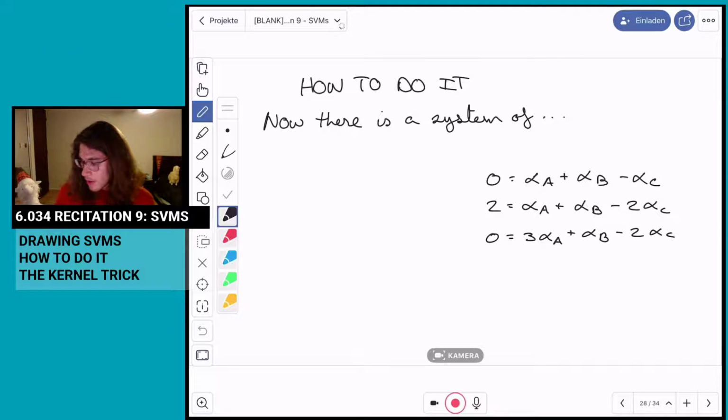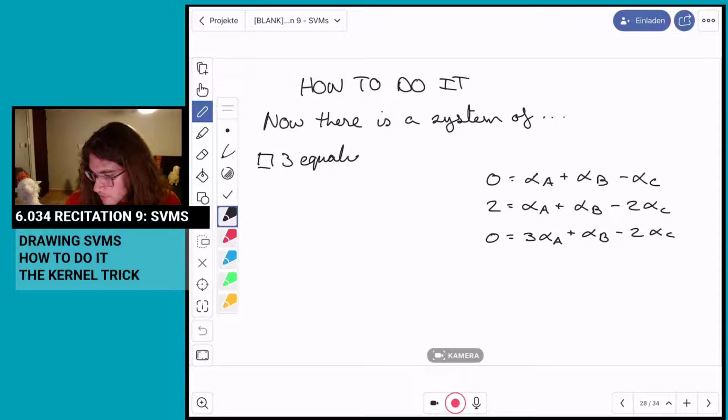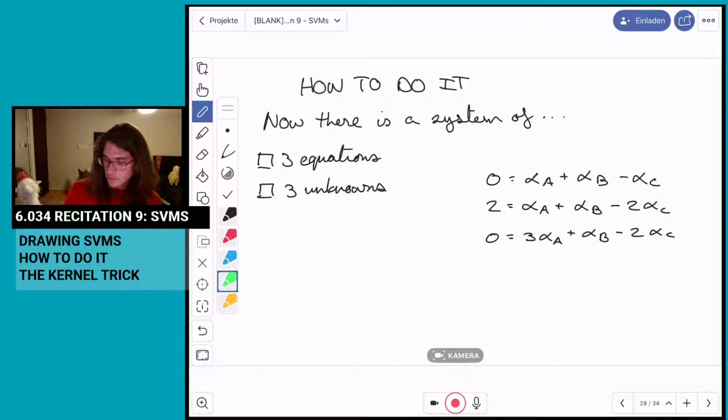I've written them right here. And we're in luck because we have 3 equations and 3 unknowns. So this is 3 equations, 3 unknowns.